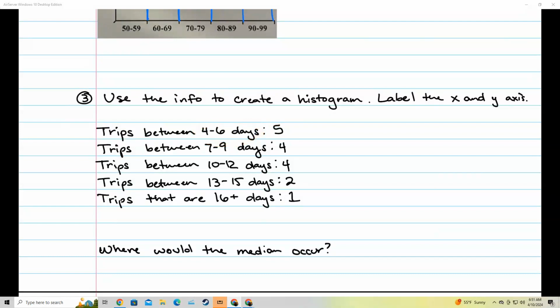So let me start making a histogram right here. They said to label the axis. So on the bottom, I'm going to put how many days the trip were, right? So number of days on trip.